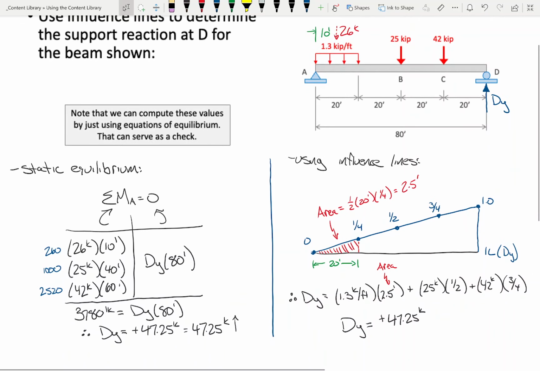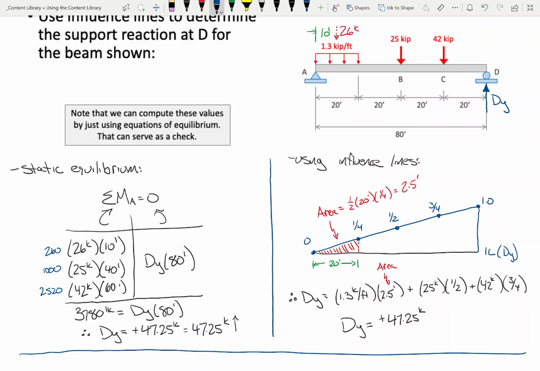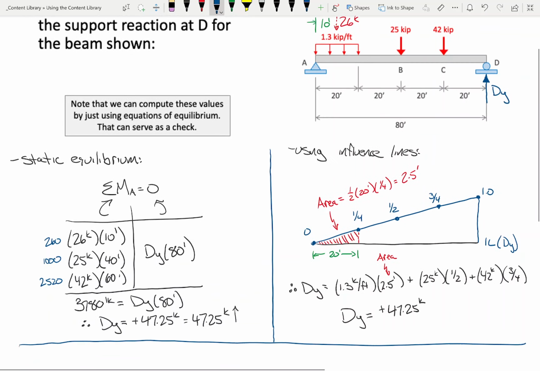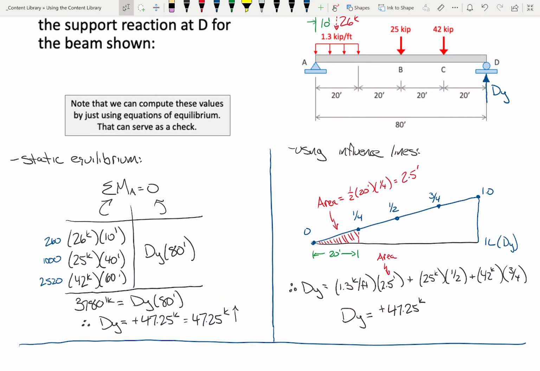So the idea is that by drawing the influence line, I can directly perform the structural analysis. I don't have to write an equation of equilibrium. I just go bam times bam, bam times bam, bam times bam, sum it all up.